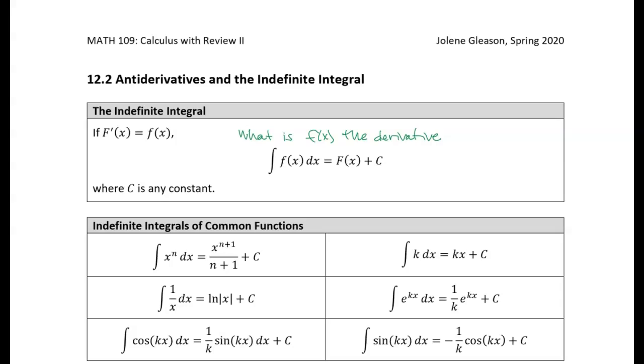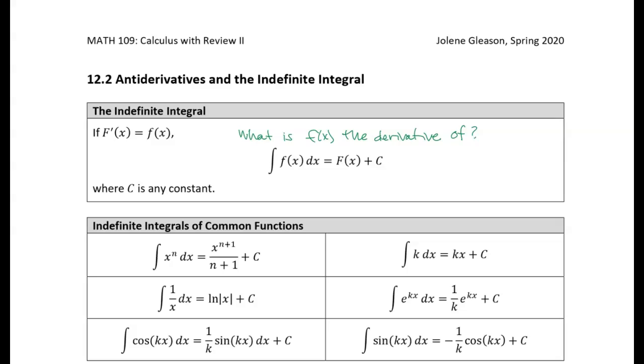Okay, so we've got a derivative, and we're asking, what function did that come from? And just like in the warm-up to the last lecture, we can get a function, but then it's really a family of functions.